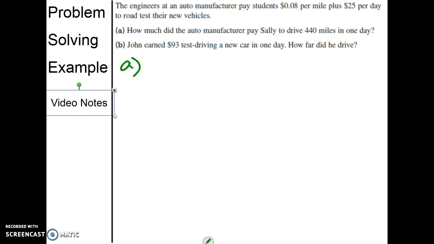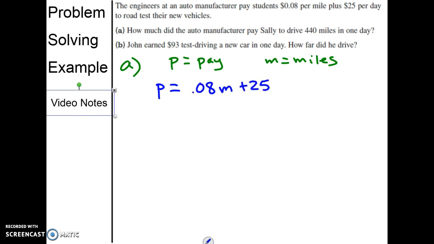First of all, we're going to have P as pay, that'll be one variable, and M is going to be miles. We're going to set up an equation. The amount of pay that you get is 8 cents per mile plus the $25 for the day of road testing.